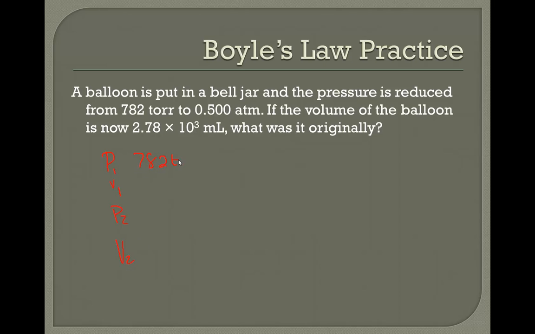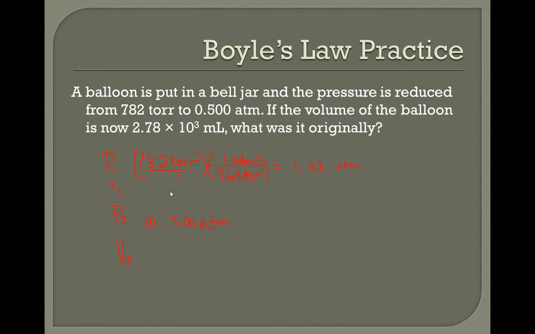Our second pressure is 0.500 atmospheres. Those are both units of pressure, but we need them to be the same unit. So I'm going to divide the torr by 760 because there's 760 torr in 1 atmosphere. That comes out to be 1.03 atm.